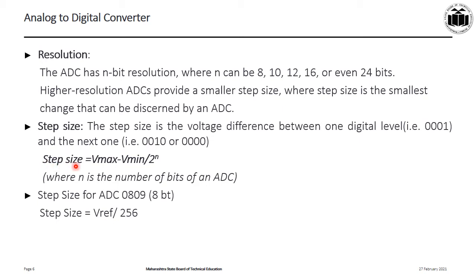Formula for step size is equal to Vmax minus Vmin divided by 2 raised to n, where n is the number of bits in an ADC. Step size for ADC can be given as V reference divided by 256, as 0809 is an 8-bit ADC.